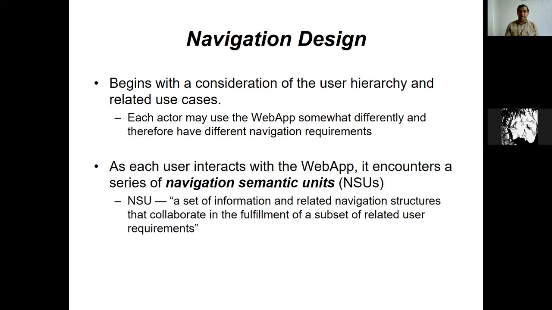Each actor may use the web application somewhat differently and therefore have different navigation requirements. Somewhat differently means a minimal amount of constraints might be given to the admin, and a little bit more to the next level, and so on. So each actor will be using it in a different manner. Who are all the actors? It is not only the people who are going to use the system.